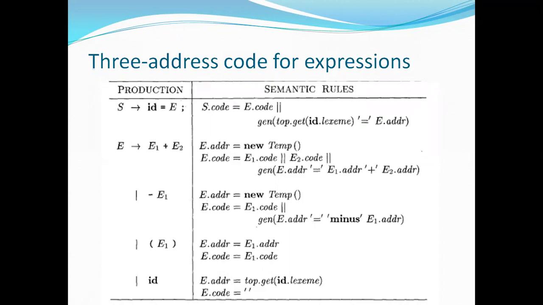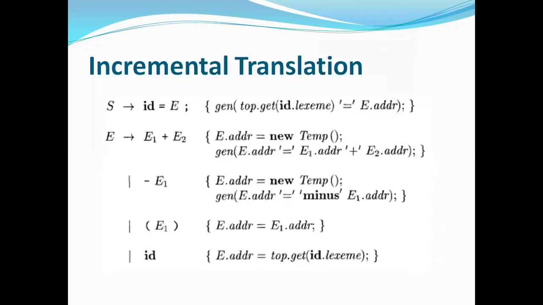We write the address attributes for each and every non-terminal here. This is the way of writing the semantic actions, calling them syntax directed translation schemas, corresponding to each production rule from the given grammar. Is it clear?